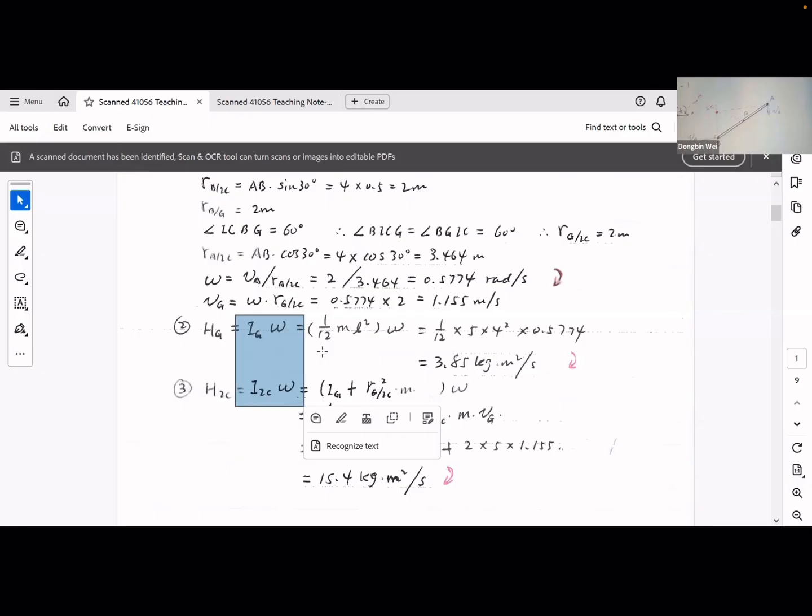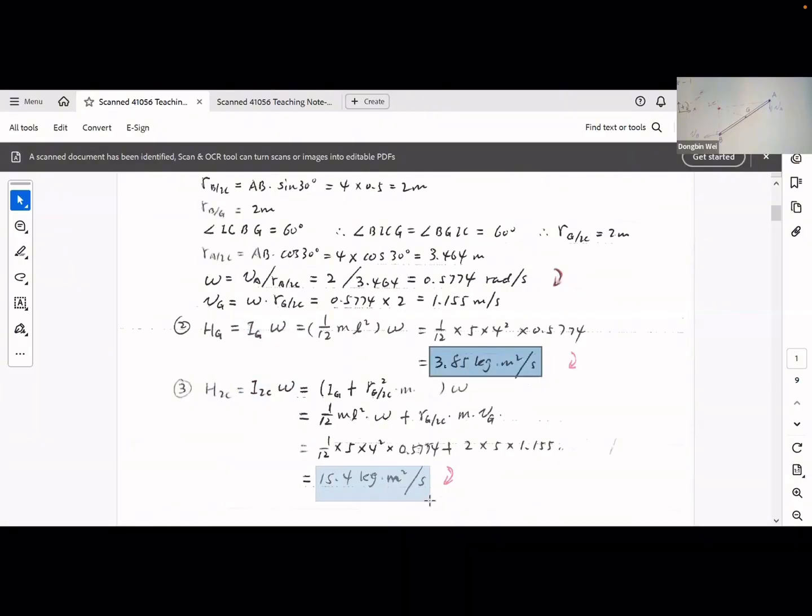Select a different point for your calculation and you will get a different magnitude of angular momentum. Okay, so this is a simple example for us to learn how to calculate angular momentum. Any questions?